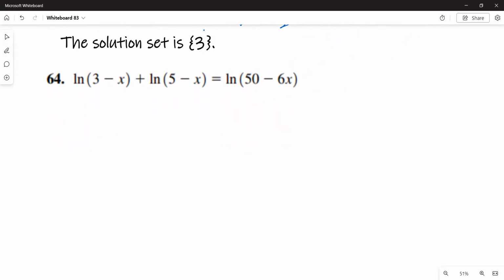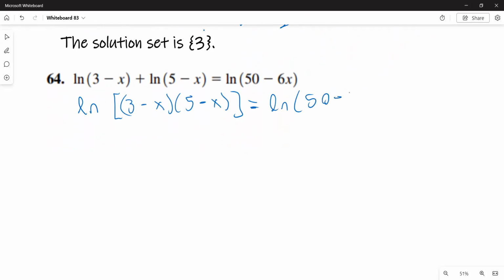Okay, properties of logarithms, we can combine the natural logarithm of 3 minus x times 5 minus x equal to the natural logarithm of 50 minus 6x.